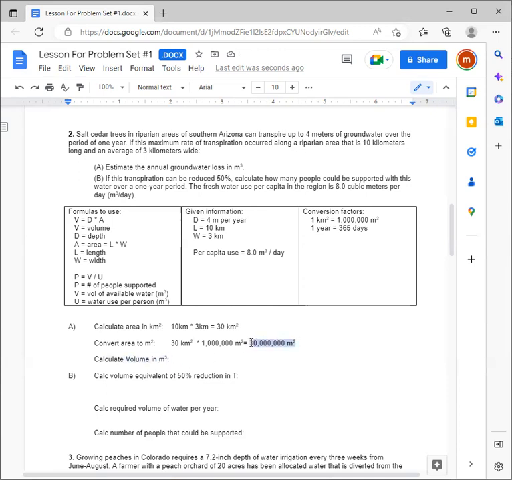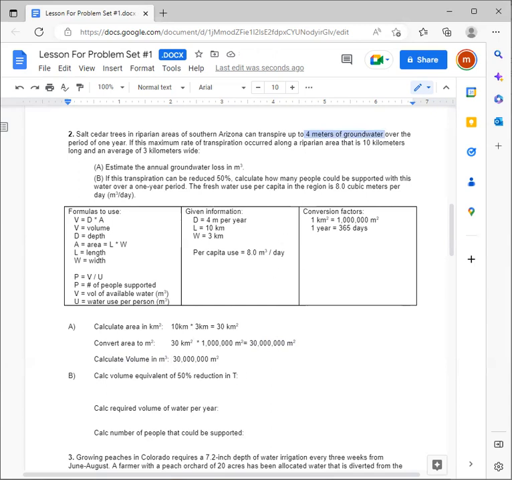So here's their area, and we just need to multiply that by the 4 meters of groundwater that the trees transpire.